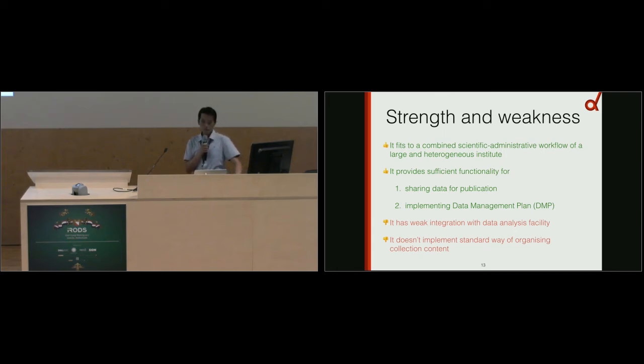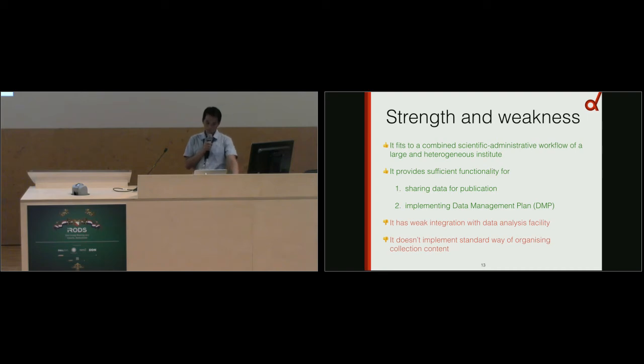Next to it, it also provides sufficient functionality for sharing the data when you publish a paper. And most importantly, nowadays, funding agencies are starting to ask for a data management plan along with your proposal. So our system can help researchers to implement a data management plan.